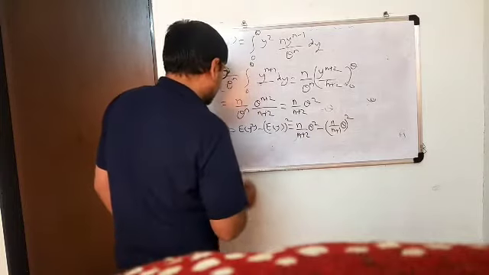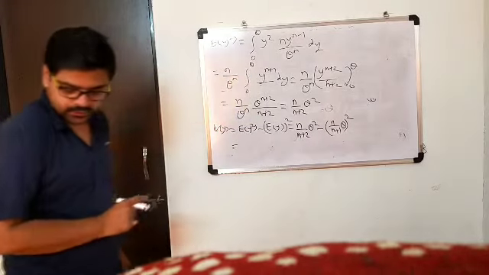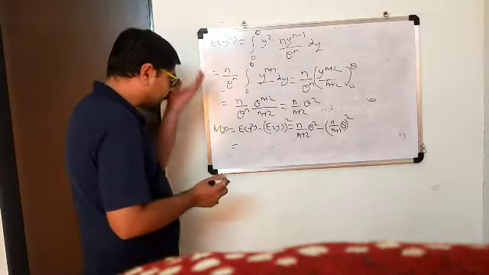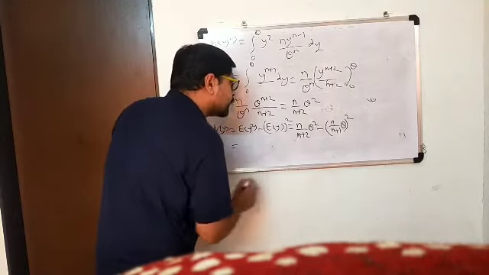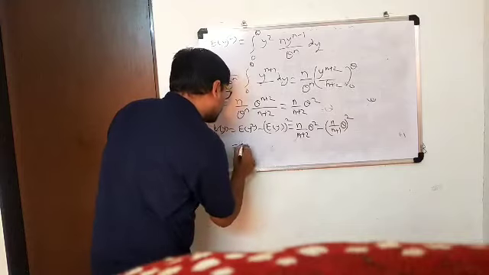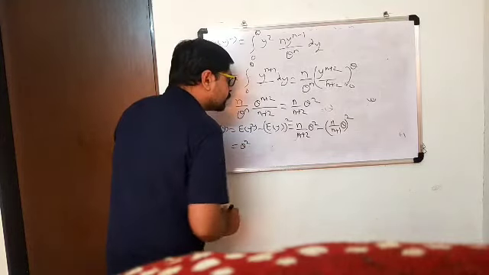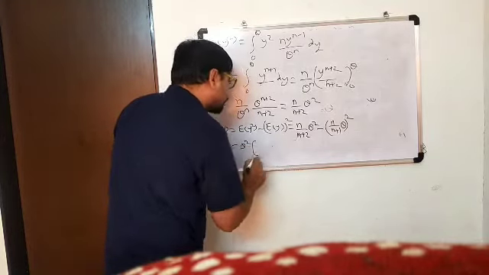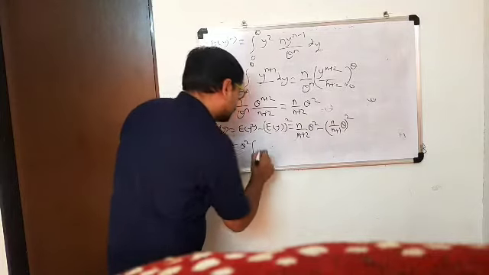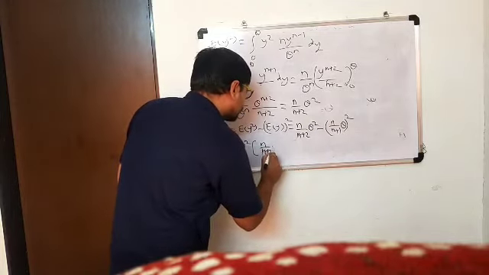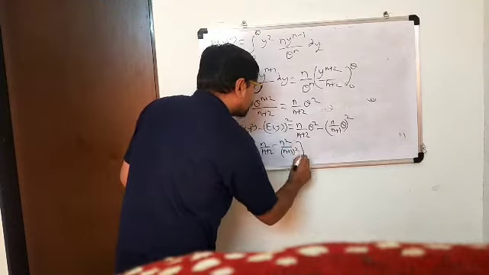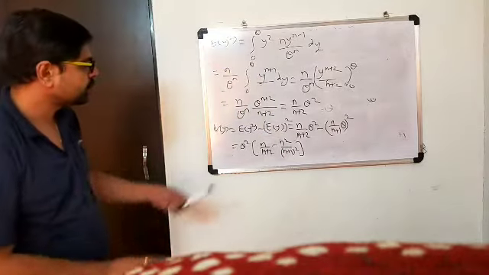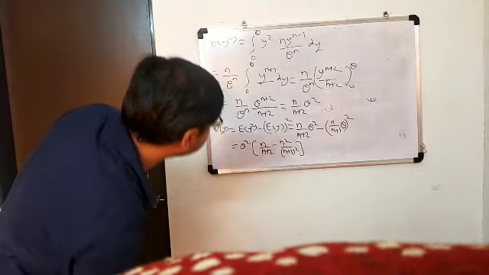Now we have to simplify this expression. We can take theta square outside as common, so we have n upon n plus 2 minus n square upon (n plus 1) square. Now we have to simplify this.